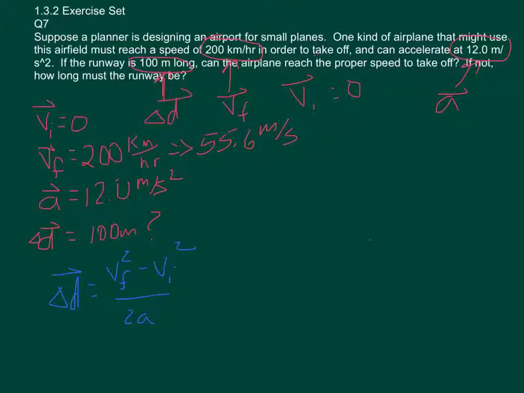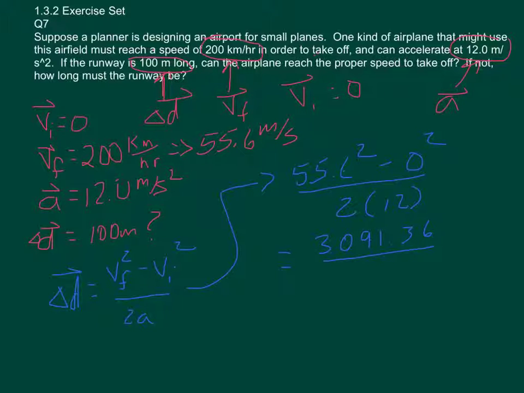Okay. So, picking up where we left off. D is 55.6 squared minus 0 squared all over 2 times 12. Let's just take this one step at a time. 55.6 squared is actually 3,091.36 all over 24.